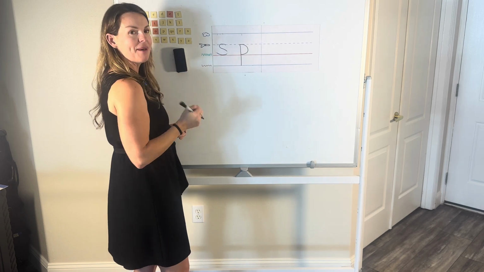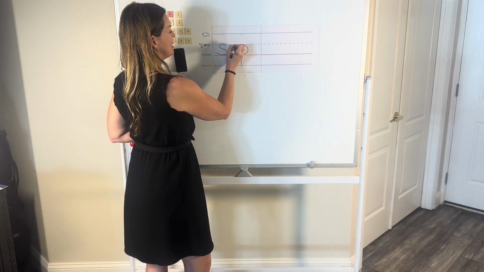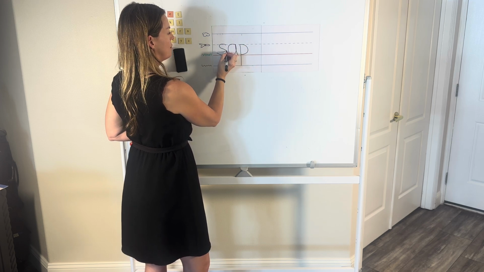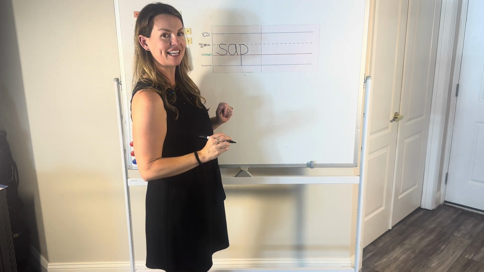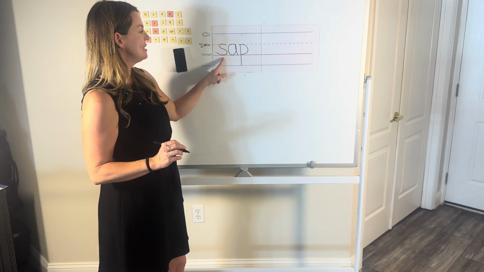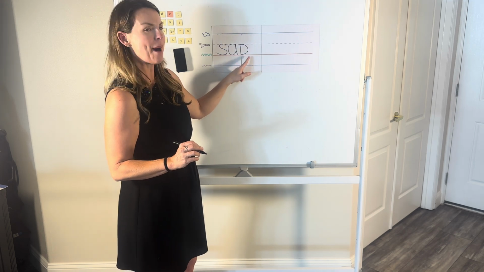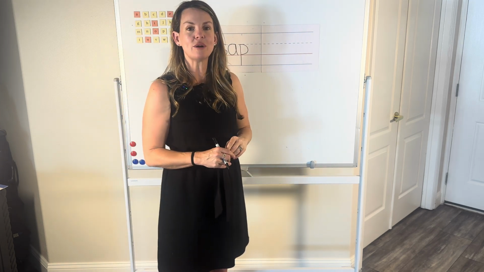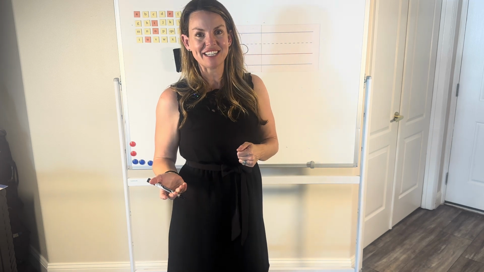What letter spells ah? A. A starts on the plain line. Now we can blend these sounds together. Ah, sap, sap, sap.